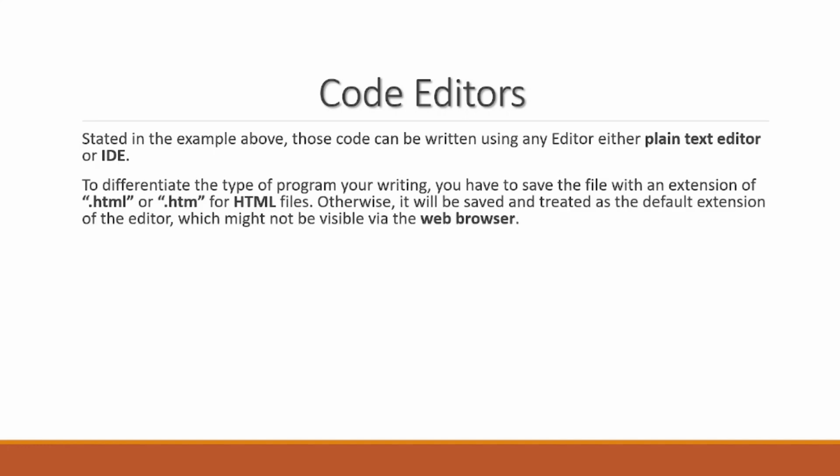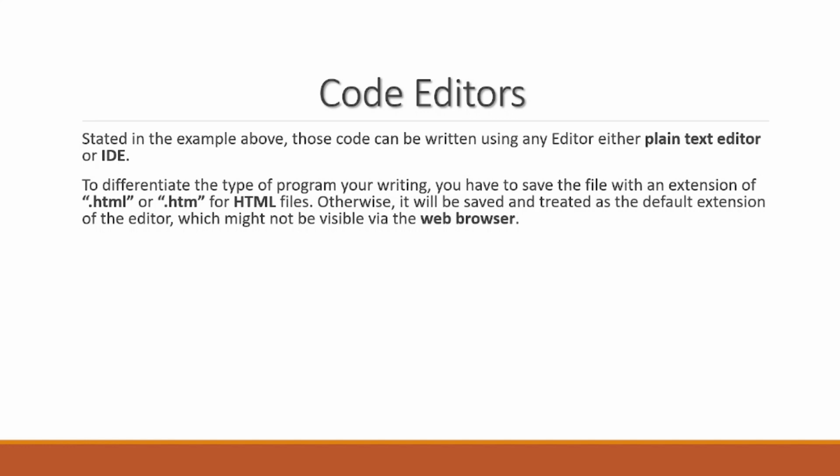To differentiate the type of program you're writing, you have to save the file with an extension of .html or .htm for an HTML file. Otherwise, it will be saved and treated as the default extension of the editor, which might not be visible via the web browser. So, as a developer, when you want to save your document, whether you're using a plain text editor or an IDE, you're expected to use a .html or .htm extension for HTML files.